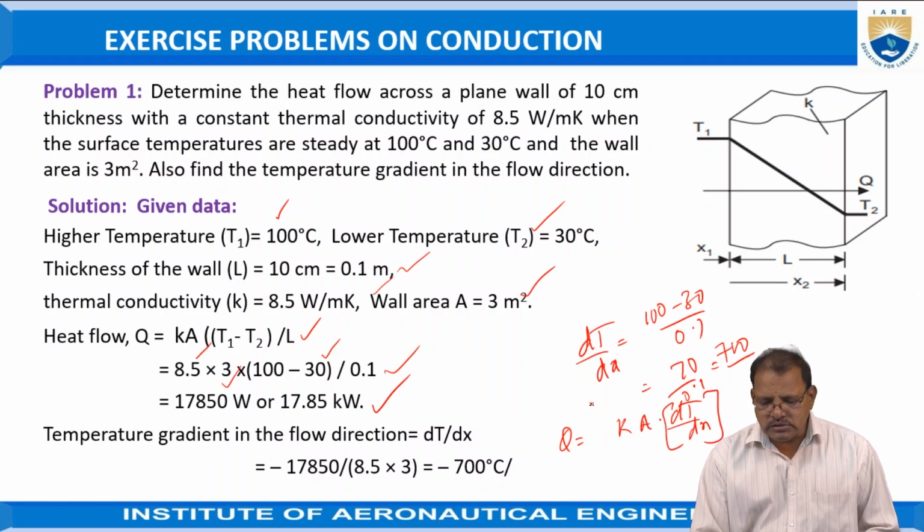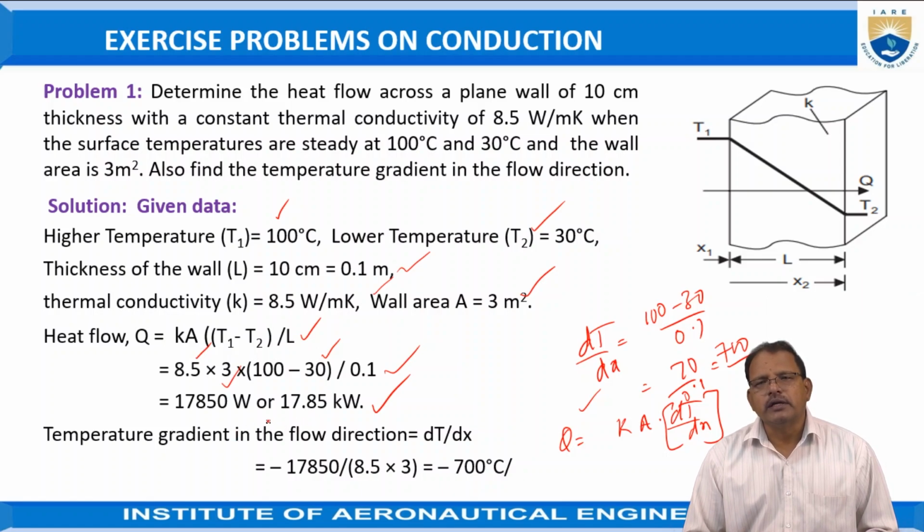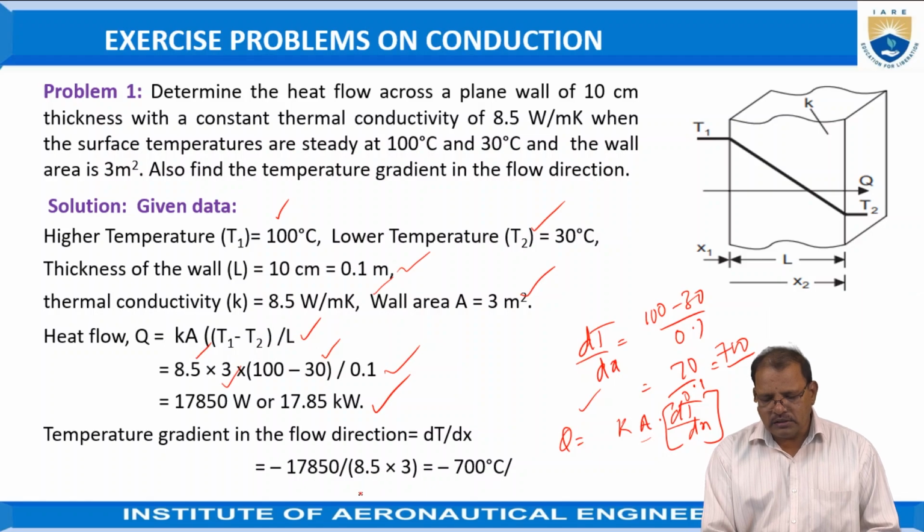Because already the Q value was determined, which is equal to 17.85 kilowatts, or 17,850 divided by K into A. K is given as 8.5 divided by 3, which is nothing but 1700 degrees centigrade. So we can use any mathematical relation for determination of the temperature gradient.